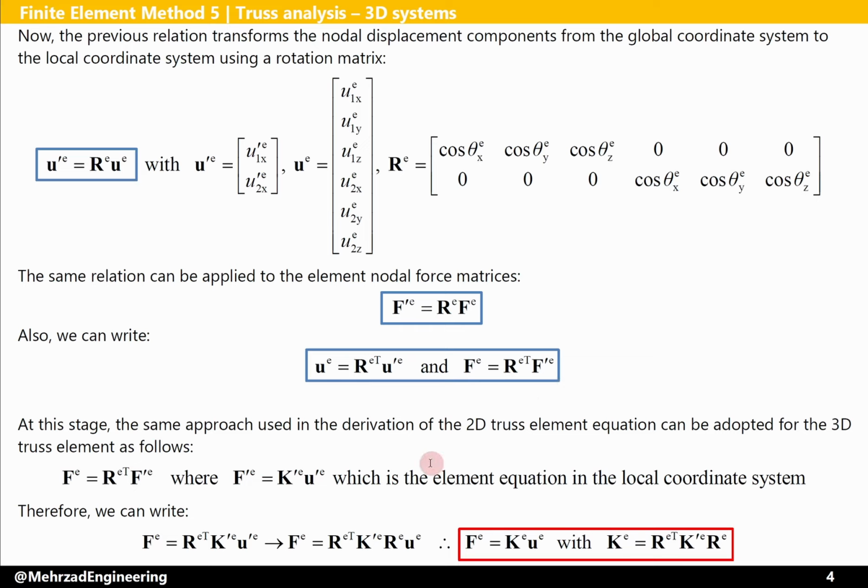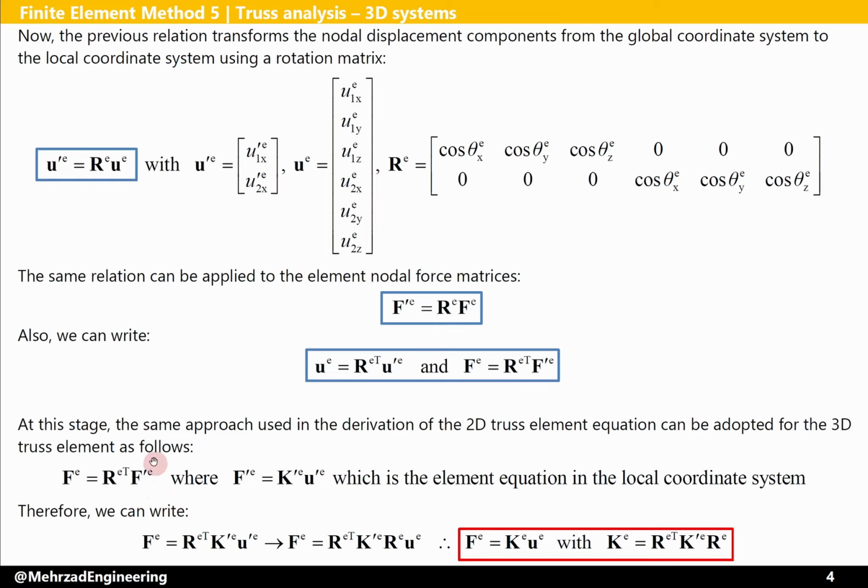Now we could apply the same approach we used in deriving the element equation for 2D trusses, for 3D truss element, and we could write Fe is equal to Re transpose F prime e at the first step.